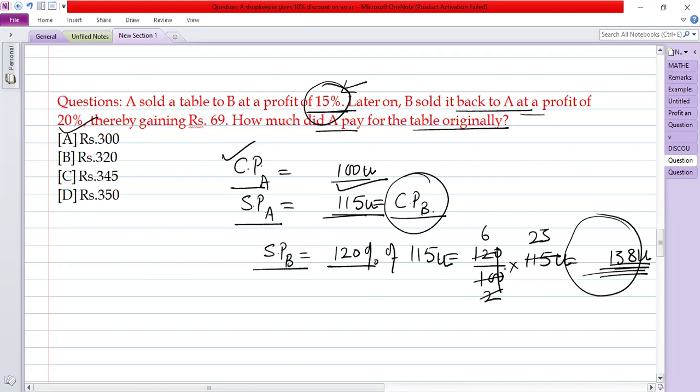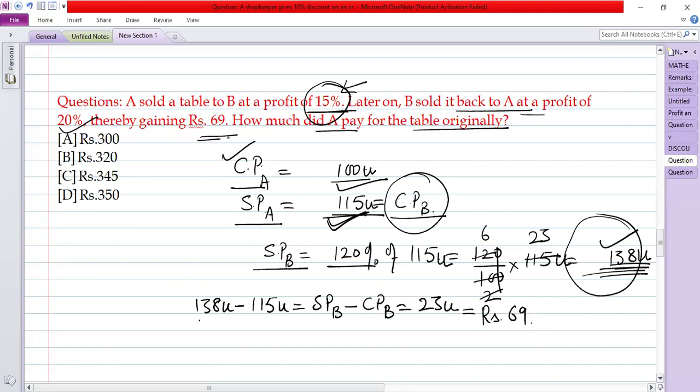Now the difference between 138 units and 115 units, this 138 units minus 115 units, obviously is the difference between the selling price for B and the cost price for B. So obviously this is nothing but 23 units. And this 23 units is given to be rupees 69.